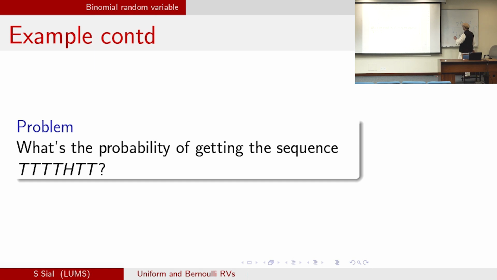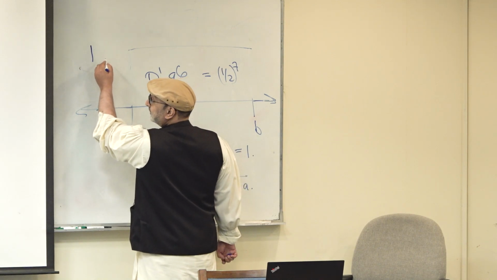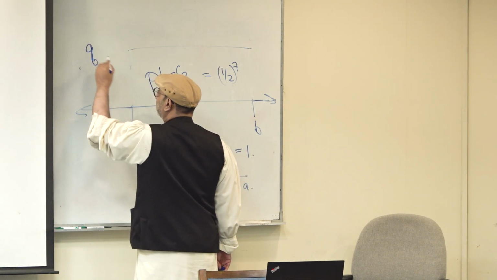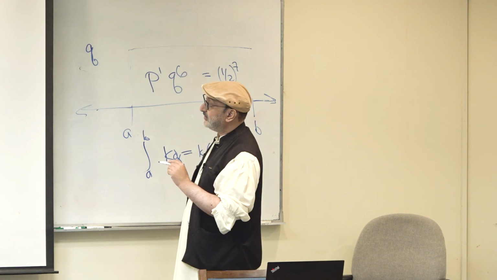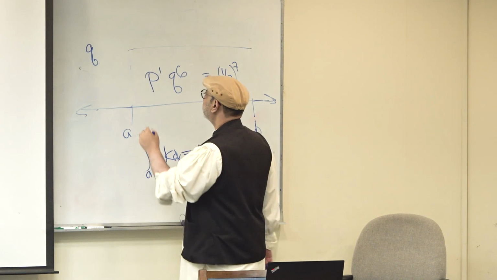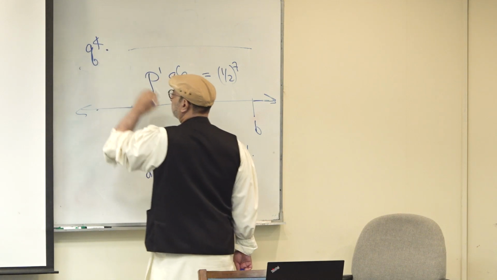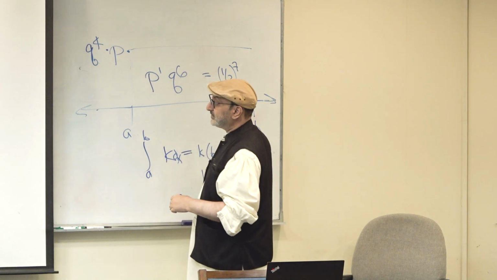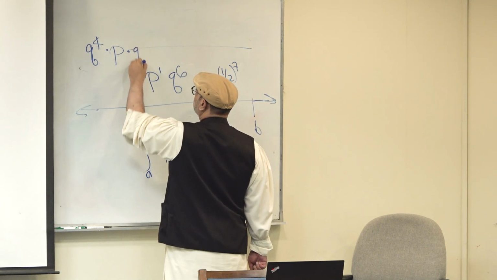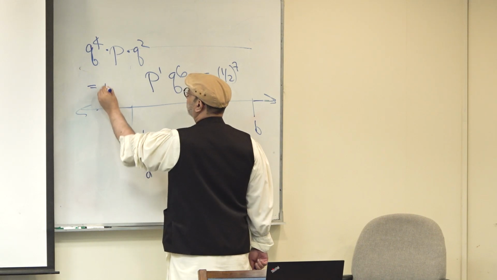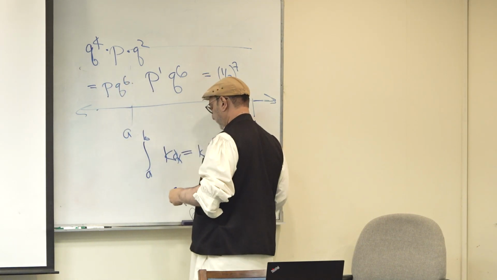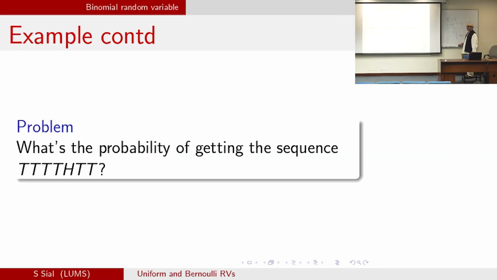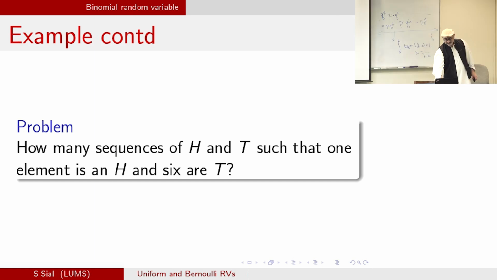So this is Q, the probability of not getting an H, and that's been done 4 times. And then there's a probability of an H, and then there's 2 T's. So P to the 1, Q to the 6. Is that okay?